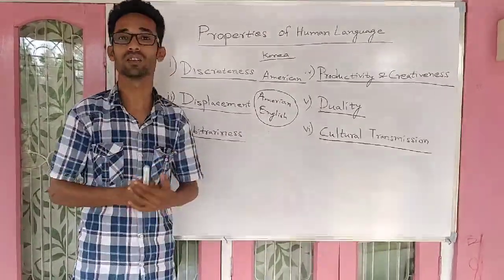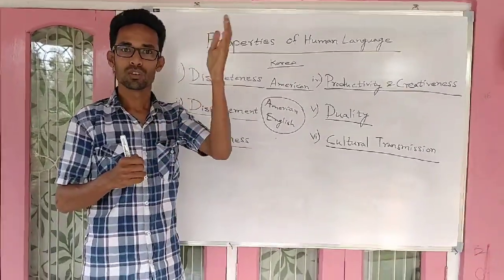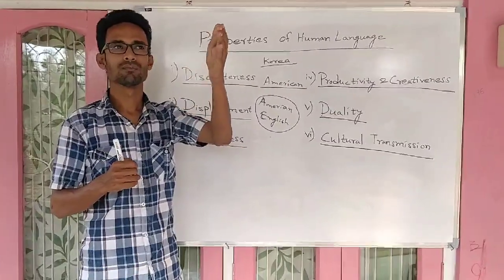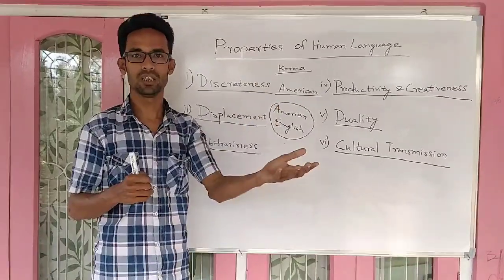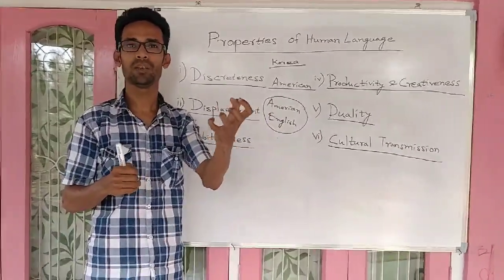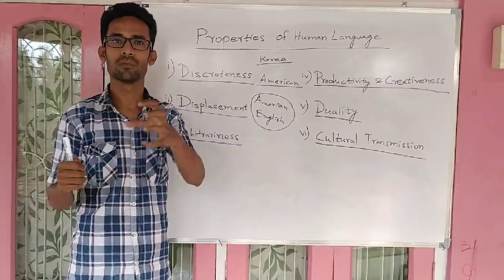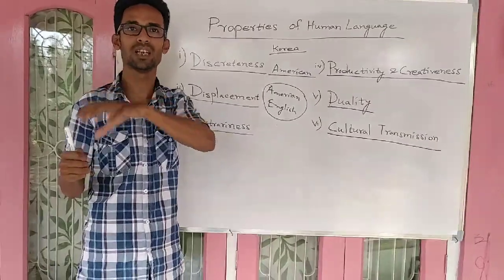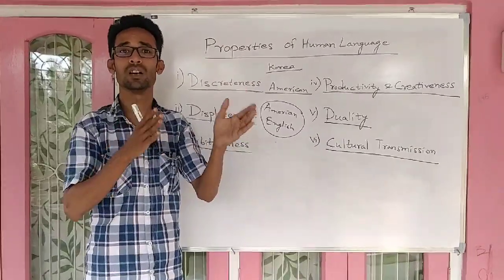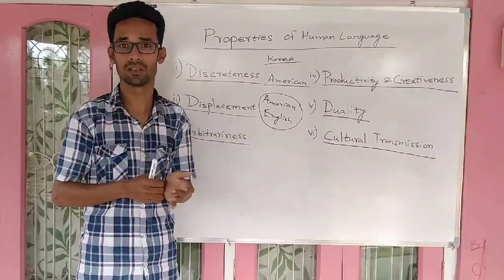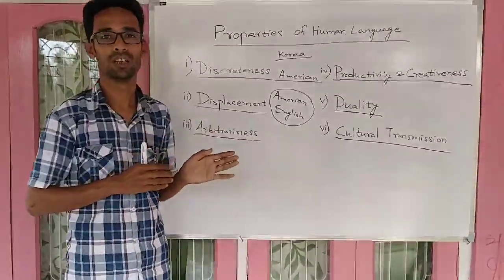This is what cultural transmission means. Like if a baby is born in, say, Bengal, her mother tongue should have been Bengali, but if the baby is adopted by a family from Assam and from her infant stage is staying with the Assamese community, then she will adopt the Assamese language as her mother tongue. So this is cultural transmission of human language.